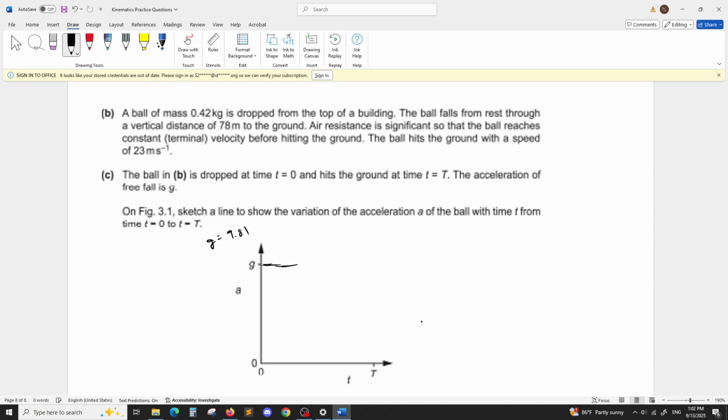So we go on, and then as we reach terminal velocity, we're going to be, actually I'm not entirely sure, because it can be concave up or concave down. I'm pretty sure it's just going to be like this.